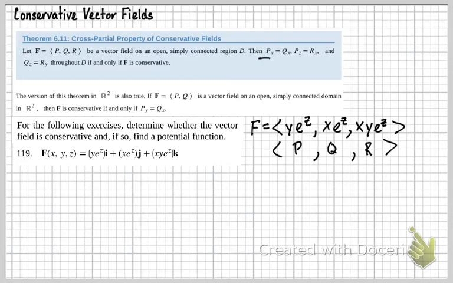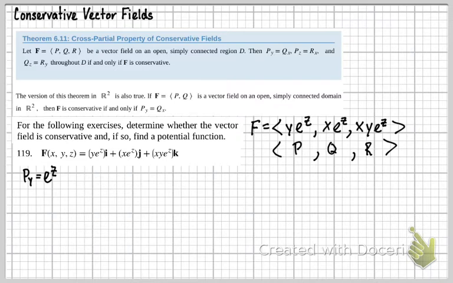First we need Py. Py is the derivative of y e to the z with respect to y, so Py is going to equal e to the z.